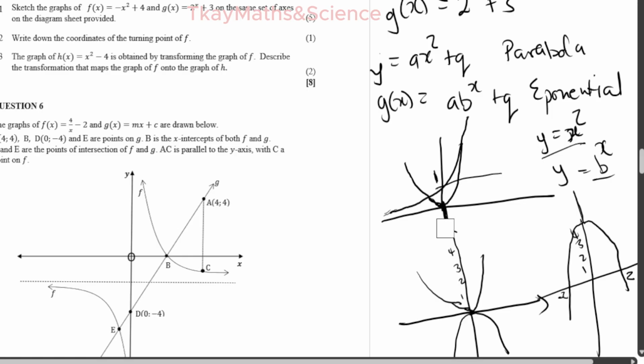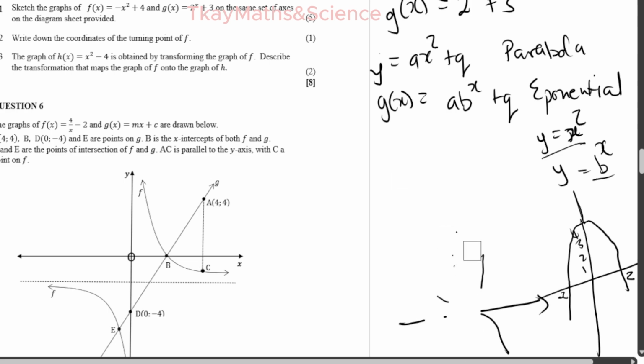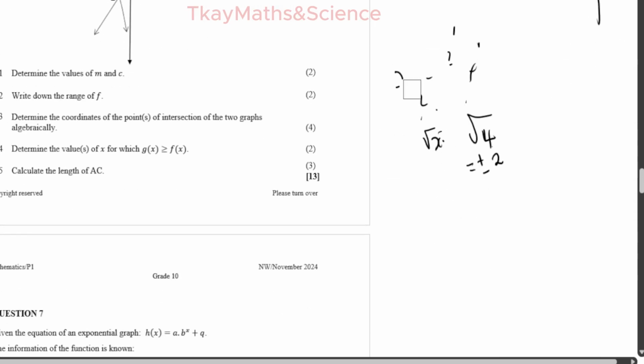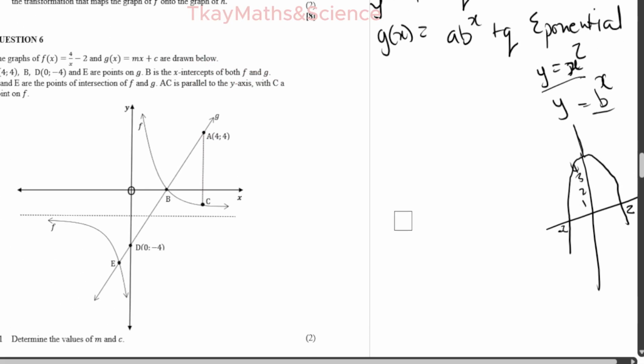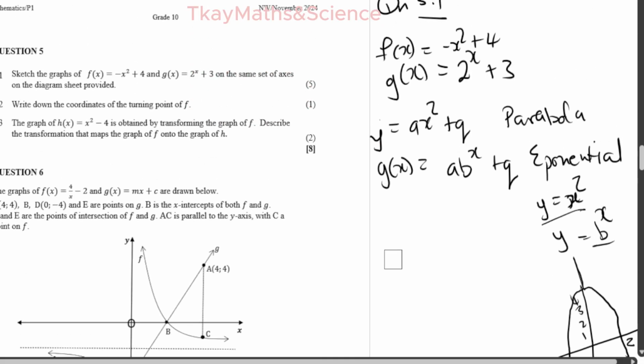Let me remove this side and do the one alongside for the exponential part, for g of x. Let's go for g of x. So g of x is 2 to the x plus 3. Normally the graph is like this. Our graph is like this.